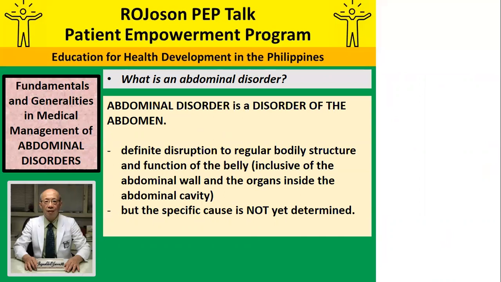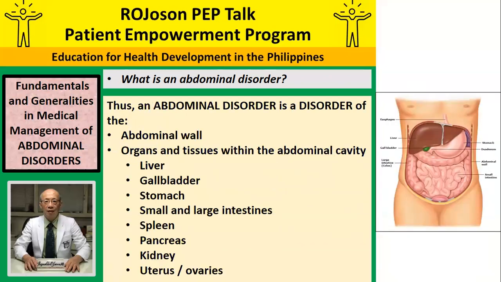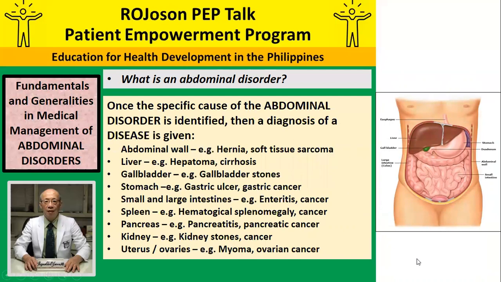But the specific cause is not yet determined. So thus, an abdominal disorder is a disorder of the abdominal wall, organs and tissues within the abdominal cavity. Again, the liver, the gallbladder, the stomach, small and large intestines, spleen, pancreas, kidneys, uterus, and ovaries, etc.